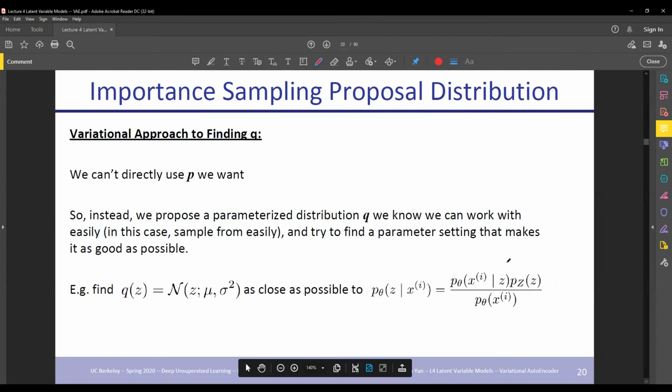Okay, so now it's essentially the same stuff. What we have now changed the problem to is trying to find a parameter phi that makes the distribution Q as close as possible to this guy, which is the posterior.